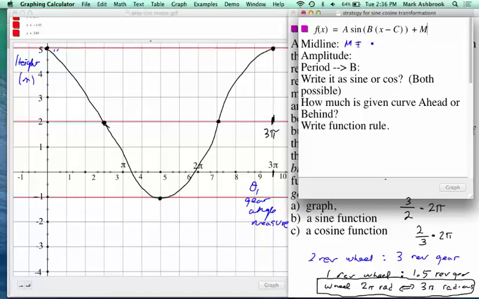So midline is 2. Amplitude. Get to the period, and then you have to figure out what that number is on the inside of the argument. Okay, so our period is 3 pi. We need to figure out what B is. So here's what we do. Inside, B times x, in order to reach one period, that argument has to be equal to what?